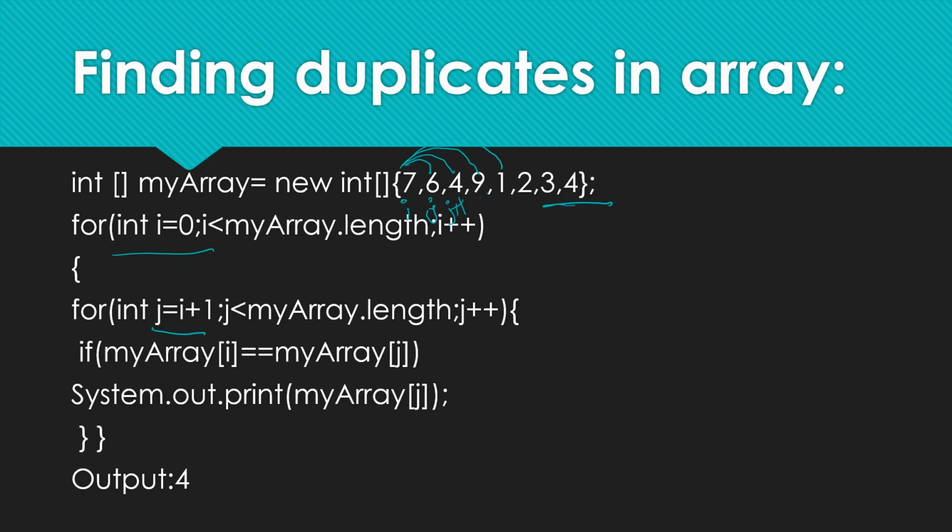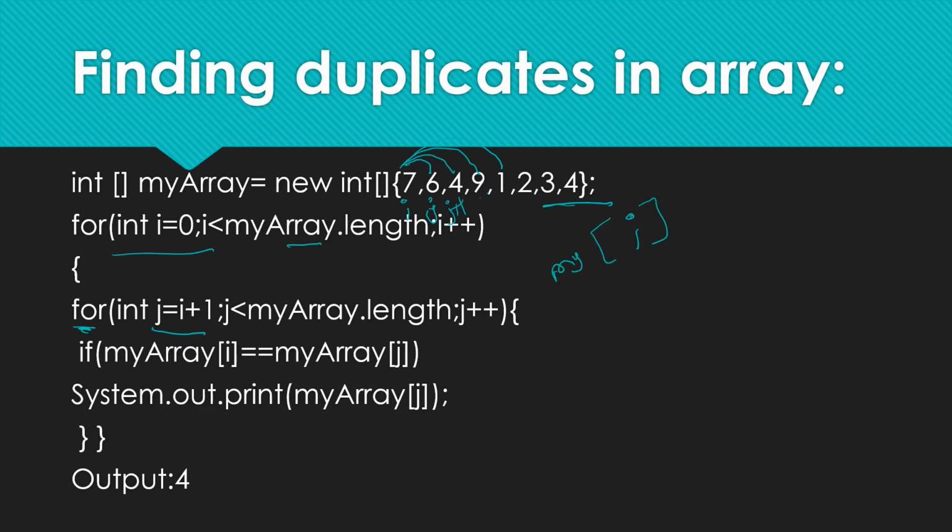As soon as this for loop gets completed, it comes out of the for loop, and i gets incremented, and we check whether i is less than the array length.